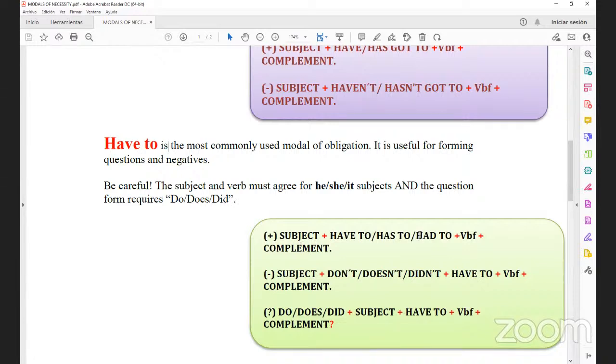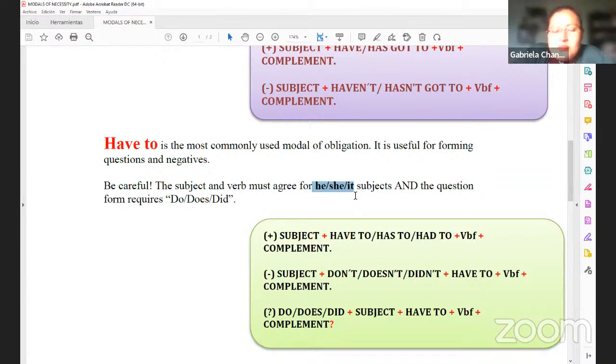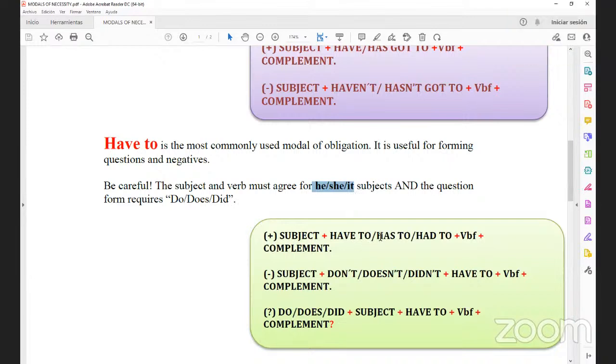With he, she, it, the third person, we are going to use has to. So have to and has to for third person.